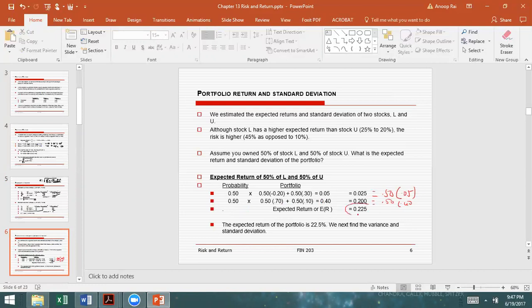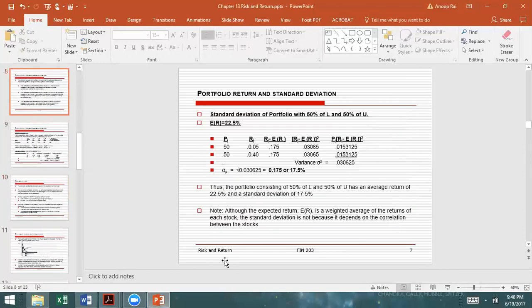So on average, if I hold the portfolio, I basically expect to earn about 22.5%, which kind of makes sense, right? Because if you hold this stock, expected return is about 40. If you hold this stock, expected return is 5. That's 45% in total, but it's 50-50. So on average, you can expect to earn a return of 22.5%.